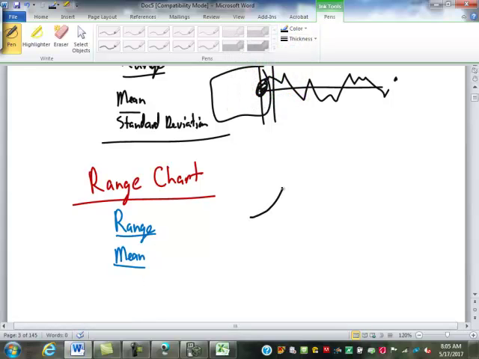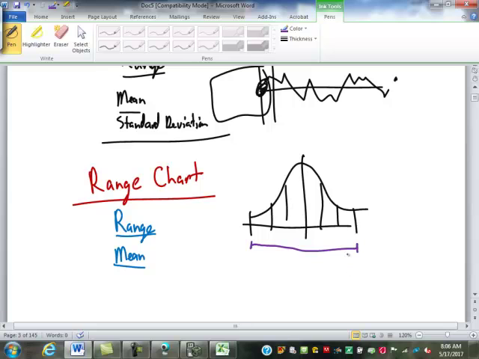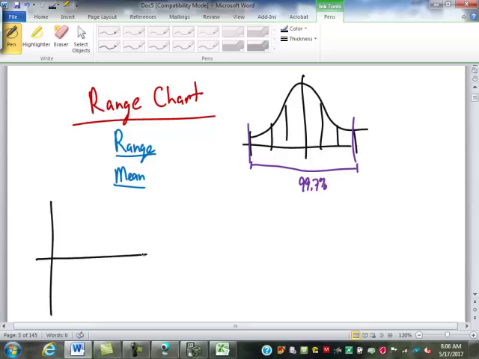Remember that bell curve we talked about and those percentages? The big percentage is if you go 3 standard deviations below to 3 standard deviations above, 99.7% of all the data should stay within that range. So our R chart is really just a visual control chart.